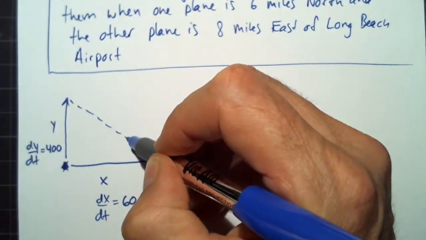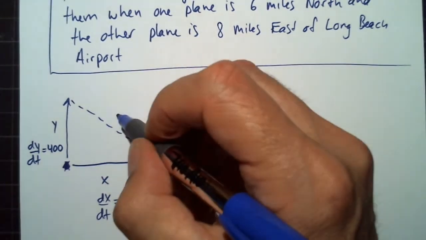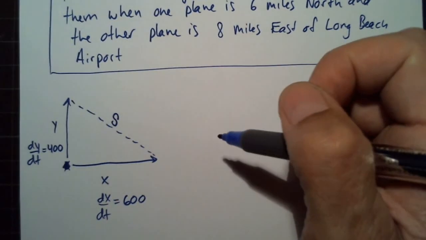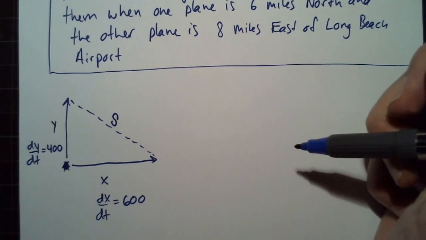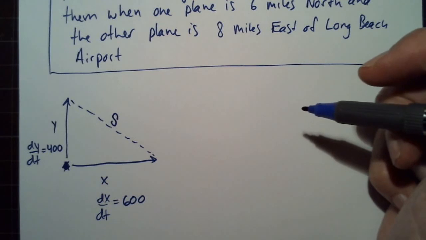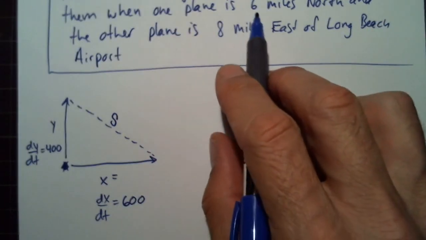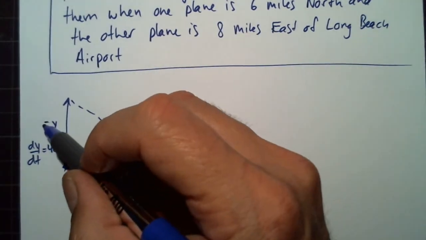So how fast is this distance changing? And we'll call that s. We can't call it d because with derivatives it doesn't work out well if you say dd. All right, we want to know when x is 8 and y is 6.